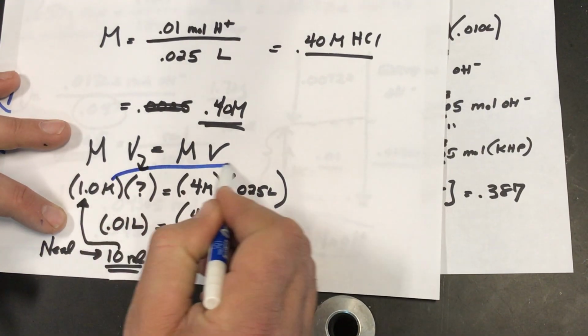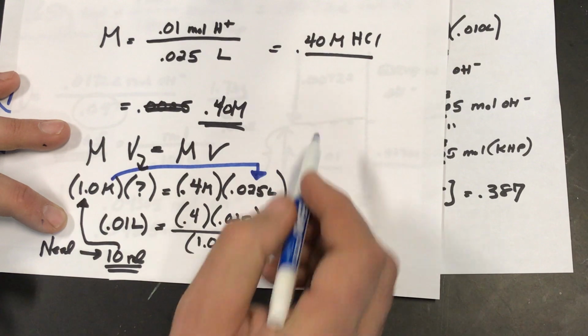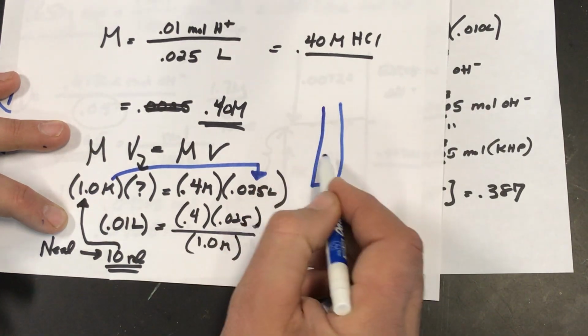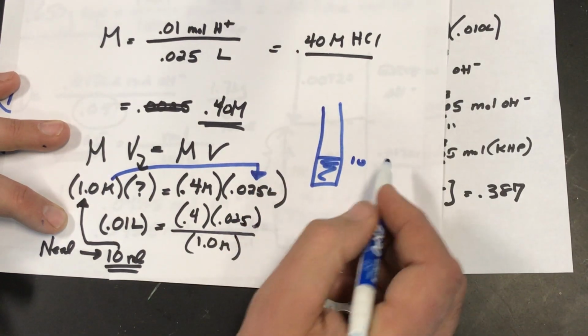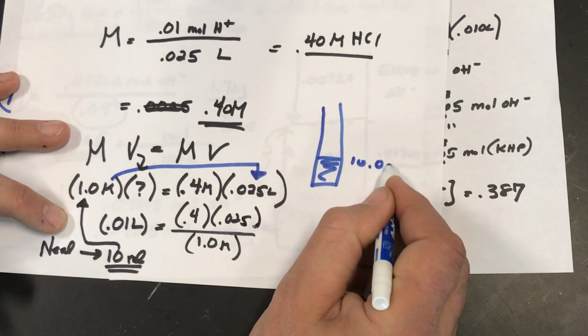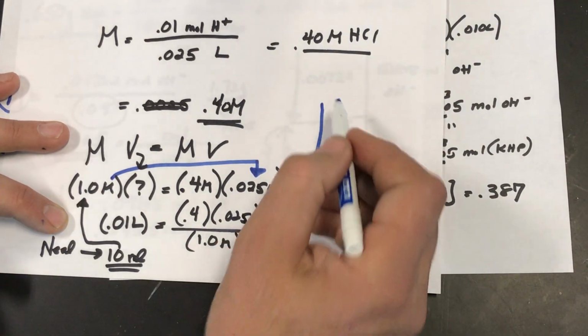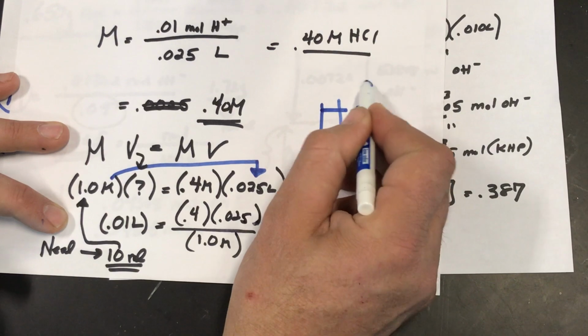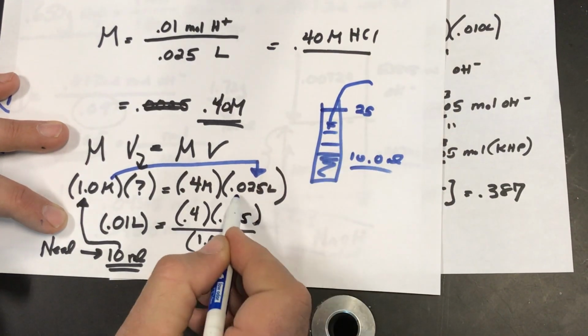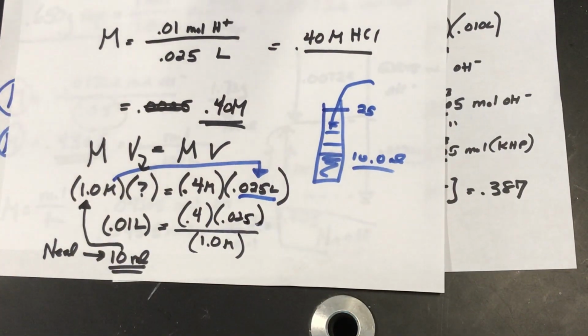You dilute to 25 milliliters. So we're going to measure out 10 milliliters of the 1.0 molar solution, and then we're going to add water to the 25 milliliter mark. That's how you use that formula.